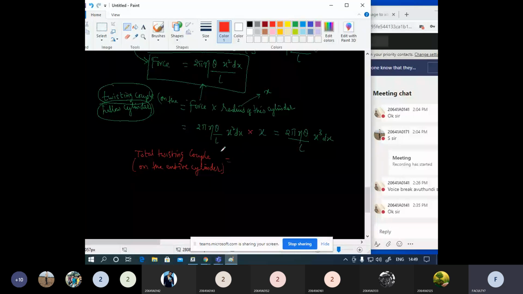How can you get it? Just integrate this expression, 2 pi eta theta by L into x cube dx.